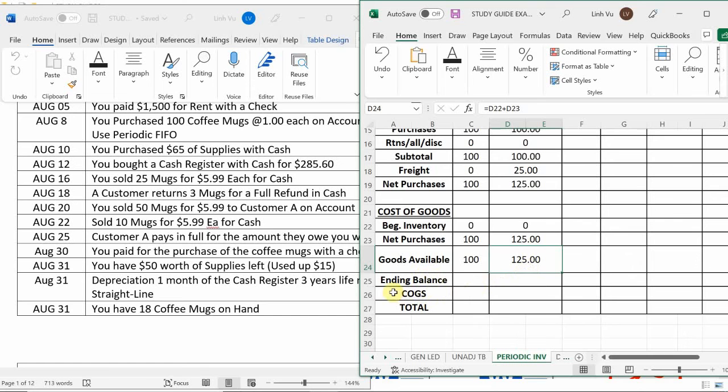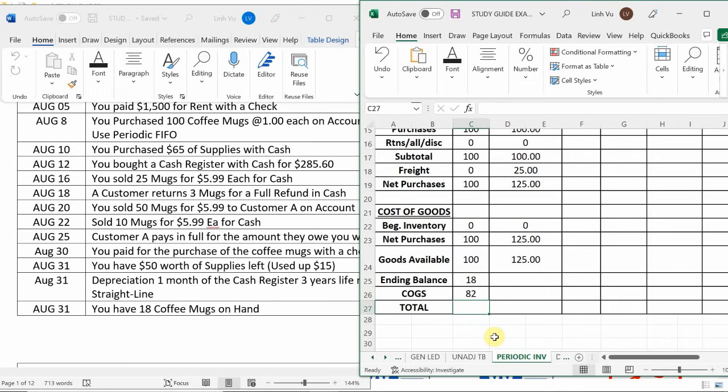$125. So here it says ending balance. How many units do we have left? 18. So my assumption is I must have sold how many? 82.